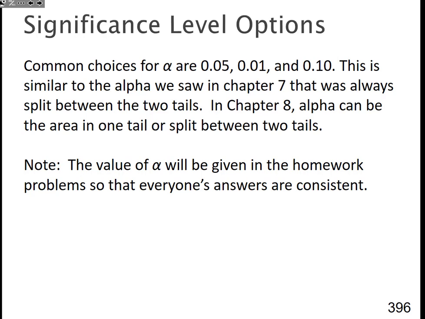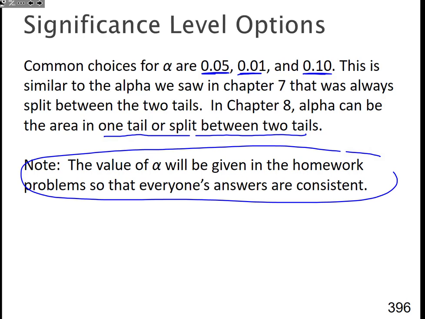And so common choices are going to be 0.05, 0.01, and 0.1, similar to the alpha we saw in chapter 7 that was always split between the two tails. This time we know it could be just the left tail or just the right tail. In chapter 8, alpha can be the area in one tail or split. And here's the most important part about alpha.